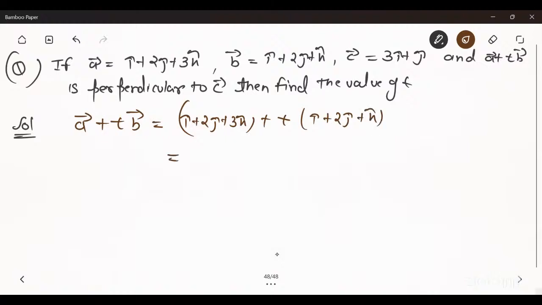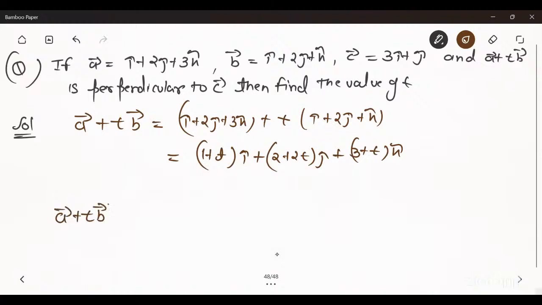So i plus ti, that means 1 plus t i cap, 2 plus 2t j cap, and 3 plus t k cap. This is the value of A vector plus t times B vector. And according to the question, A vector plus t times B vector is perpendicular to C vector. That means their dot product will become 0.